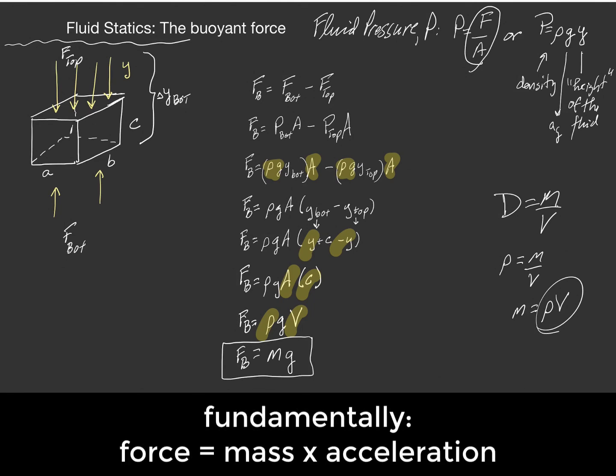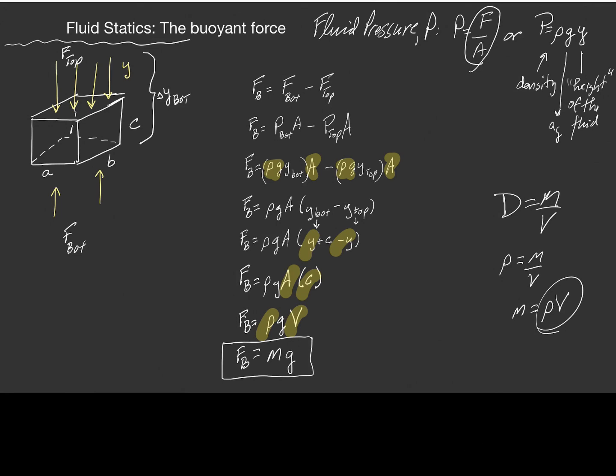So what we just did was we mathematically supported the concept that when fluids are static, when they are at rest, the buoyant force equates to the difference between the amount of force on the top of the object versus the amount of force coming up below it.